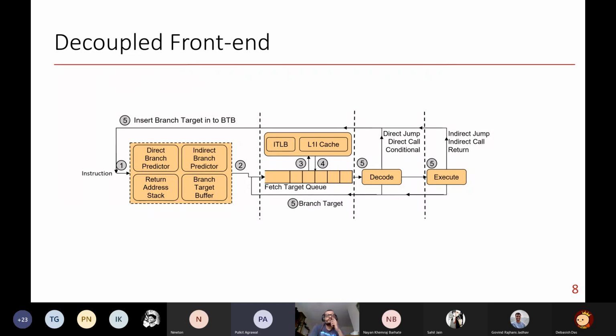Is that clear? Sir, why have we separated direct and indirect branch predictors? That's what I said, right? The indirect branch predictors are nothing but, along with the BTB, you access them. I'm not giving you all the details in terms of the BTB organization for the indirect branch predictor. Even on the initial slide, someone asked about that.